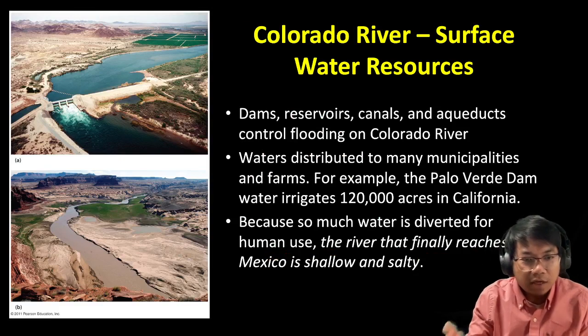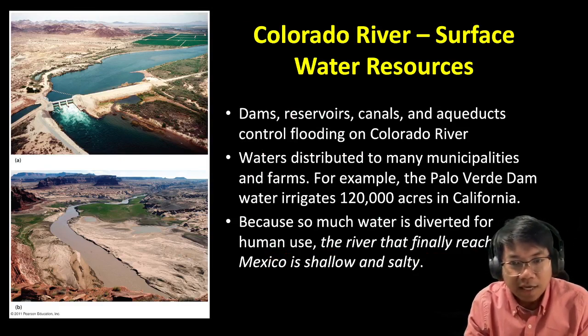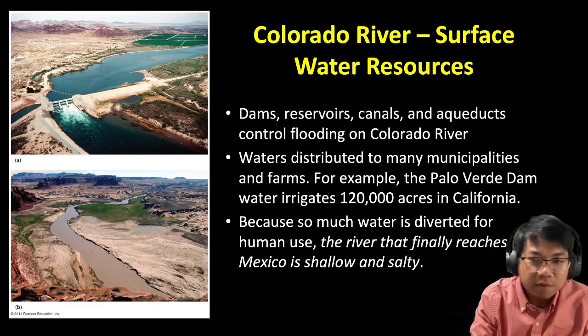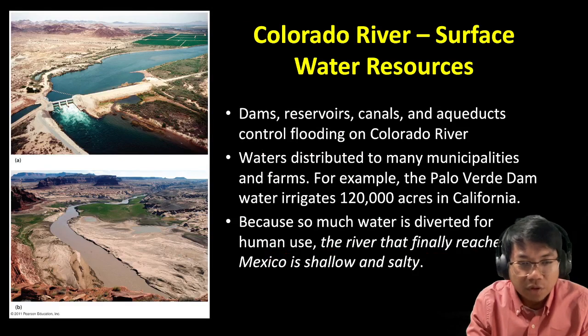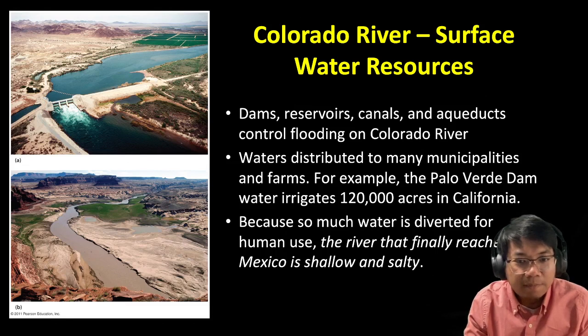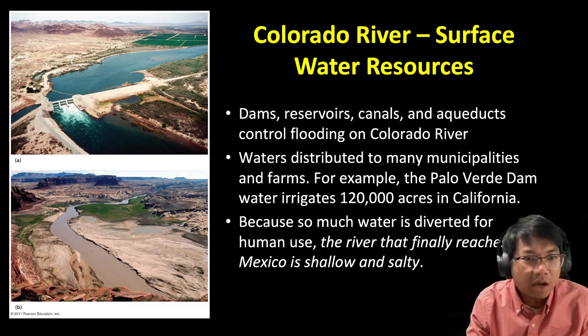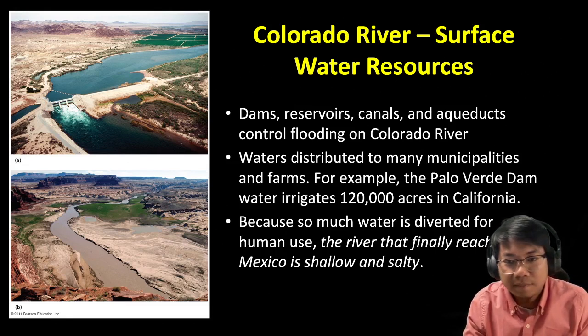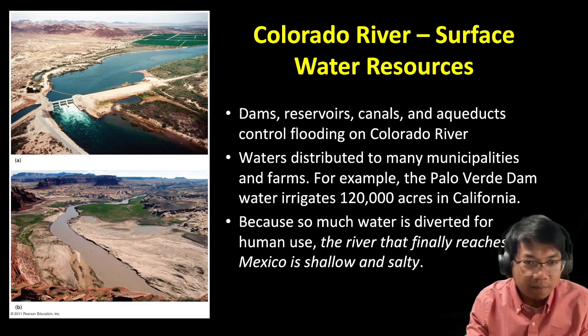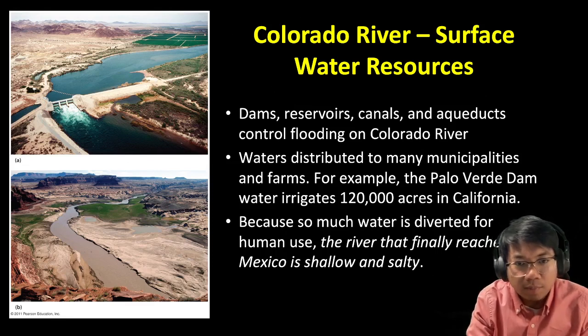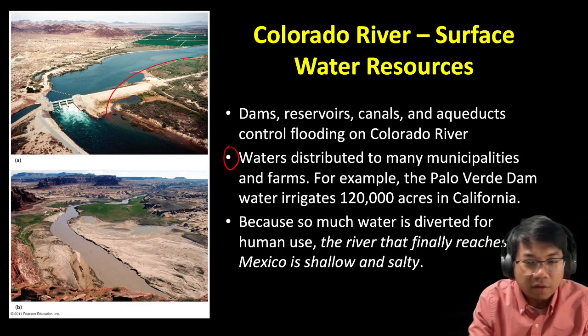This is also another thing that I would like to mention, that the building of dams, reservoirs and other infrastructures along this river have caused some issues, because the water is distributed to many areas along the river flow.